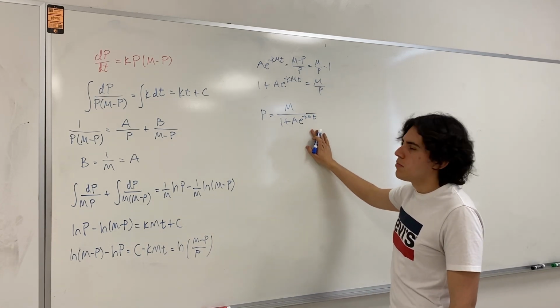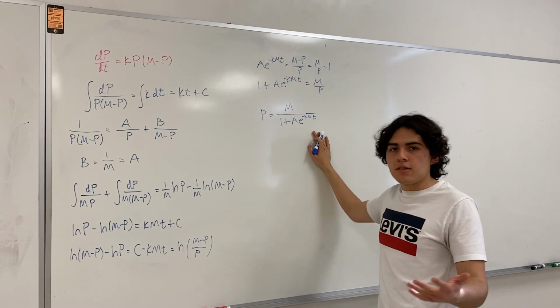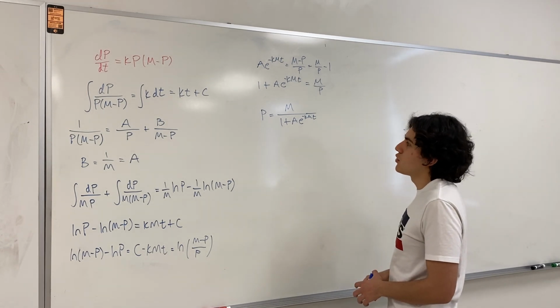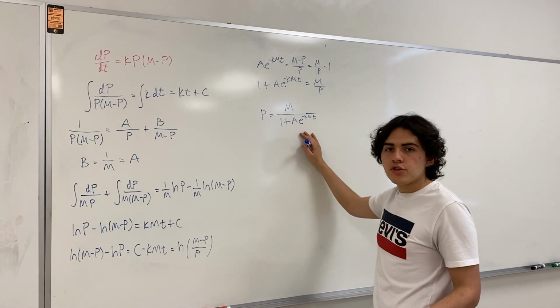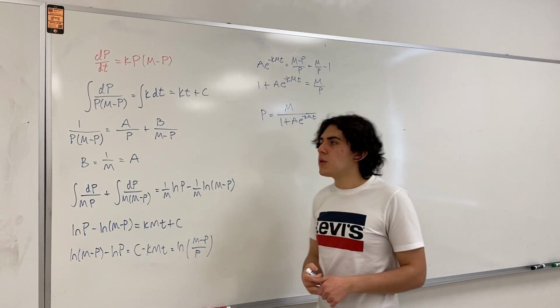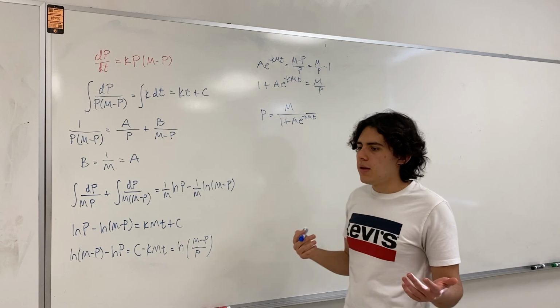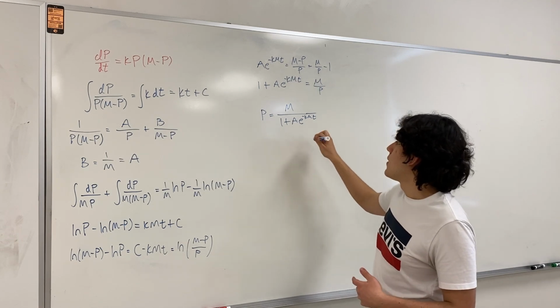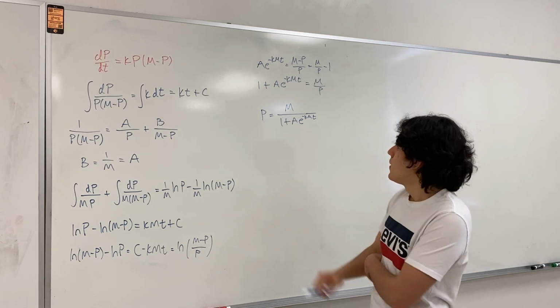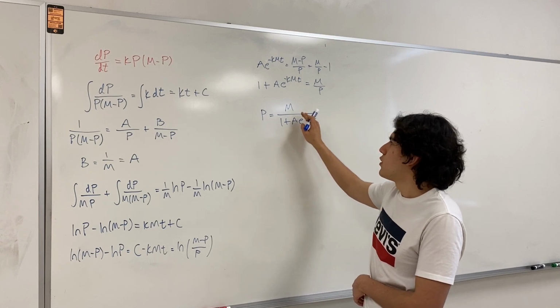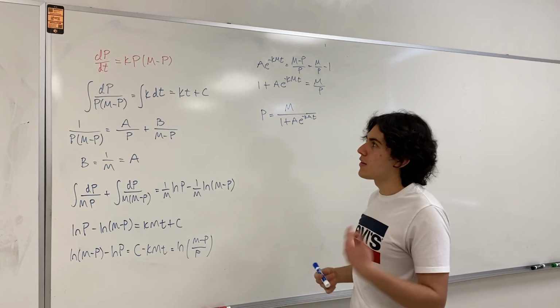Now, maybe you can notice, this is the logistic growth equation. This is our logistic growth function, and that's what we expected. We wanted to go from this differential equation to this. In this equation, you can see that as t approaches infinity, this term will vanish, and you're going to have m divided by 1, and that's what we wanted.